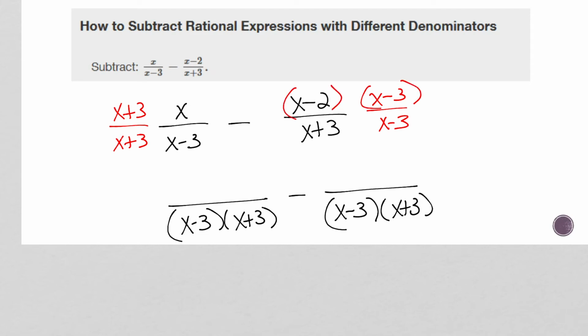Whenever you have a binomial times a binomial, you're likely going to have a middle term. So on the left, we're going to have x squared plus 3x. And on the right, we're going to have x squared minus 2x minus 3x plus 6. Adding those up, we get x squared minus 5x plus 6.